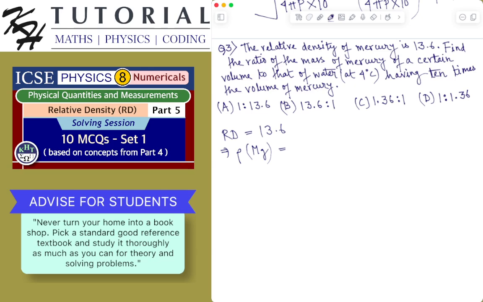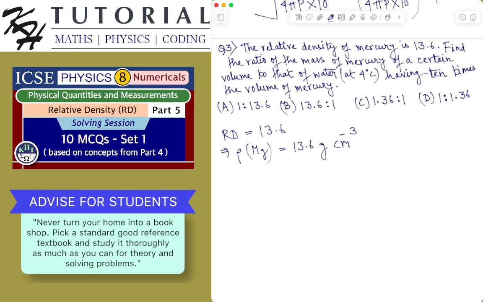Since in this problem no unit is mentioned, you can consider the density to be in CGS or in SI unit. It will not make any difference, but please be consistent. So let's say the density of the mercury will be 13.6 gram per centimeter cube.